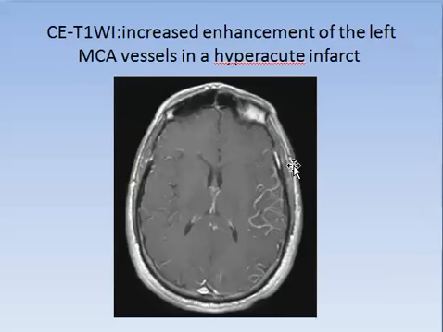Now here we have contrast enhanced T1 weighted images showing a lot of collaterals on this area of the opercula and the neighboring region due to left middle cerebral artery hyperemia due to hyperacute infarct.